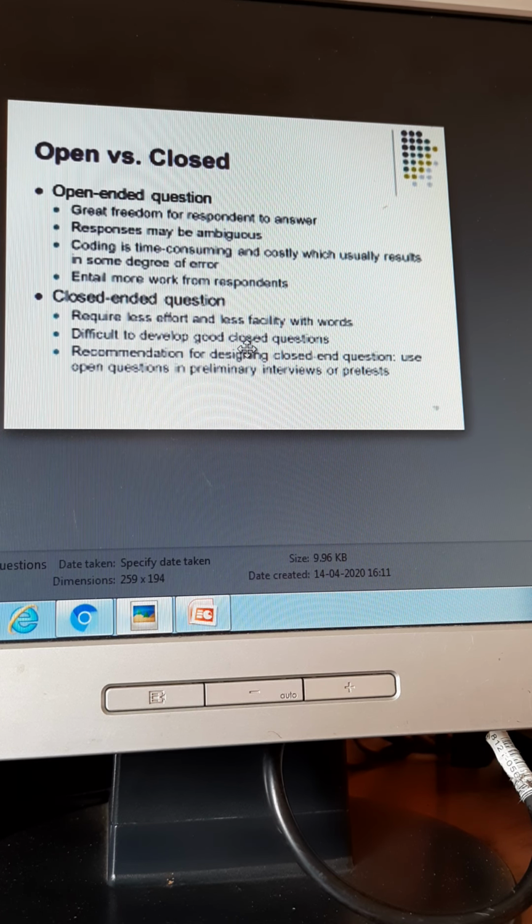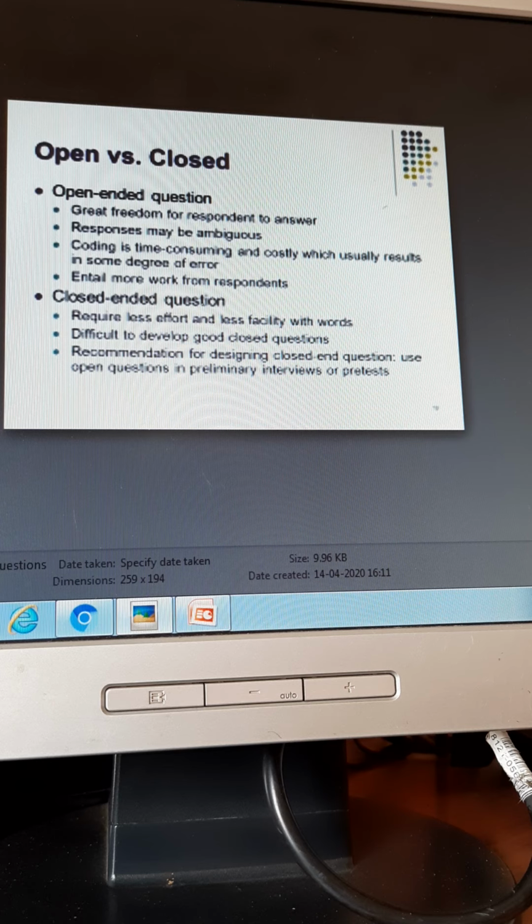All the other questions, whether it is multiple choice or rank order, all these are closed-ended questions. Think about it. Your ordinal scale, rank order scale, multiple choice, all of them are closed-ended questions.